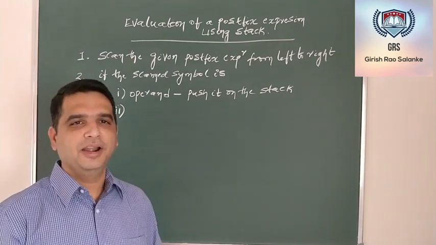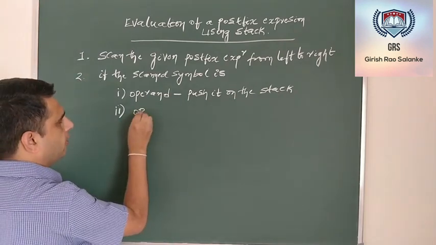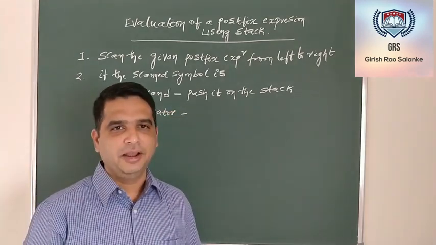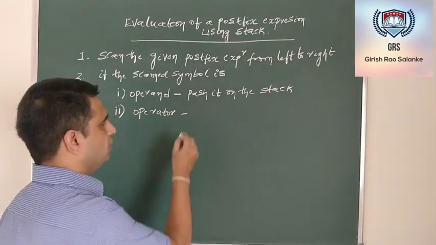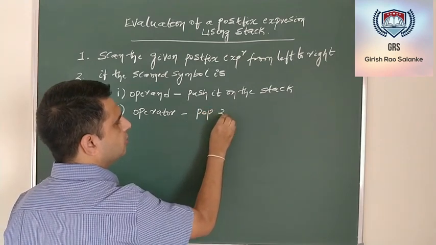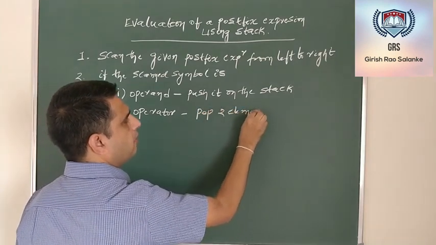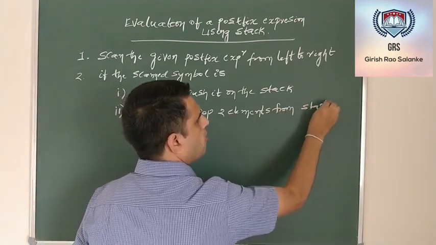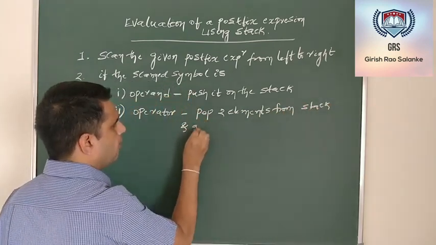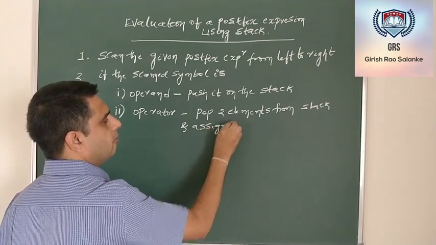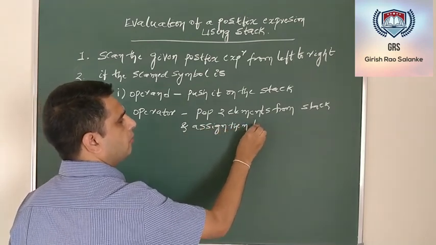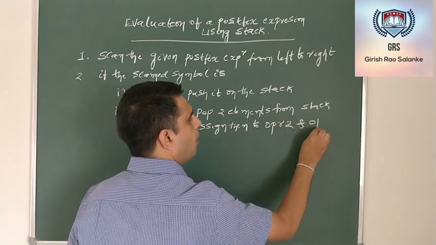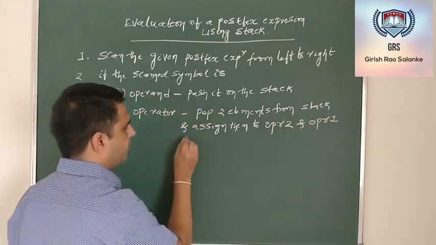If it is not an operand, obviously it needs to be an operator. If my scanned symbol is an operator, what are we supposed to do? We are supposed to pop two elements from the stack and assign them to operand 2 and operand 1 respectively.